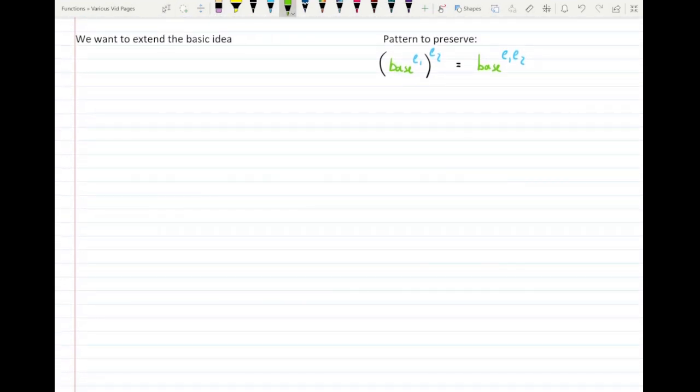Now, let's say we're trying to do this for a specific number. Let's say we're trying to decide how to extend this definition of exponentiation. We want to decide what to define 3 to the 1/2 as, right? We want to set this to some number that makes sense in some way, but we don't know what that is yet, so we'll just leave it there as its own unit for now. However, we know that no matter what we decide this equals, it should preserve this old pattern of multiplying exponents.